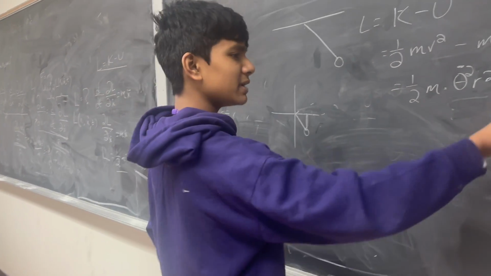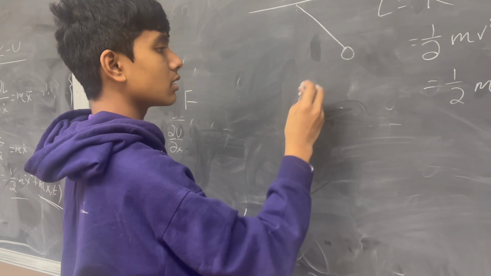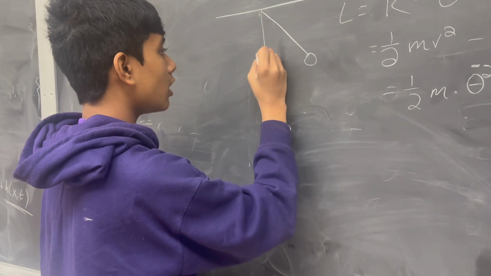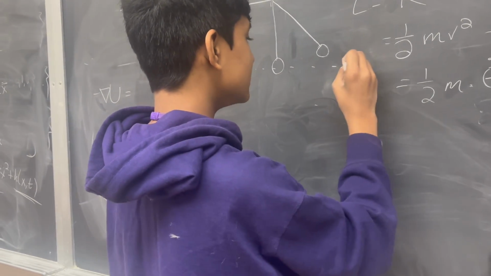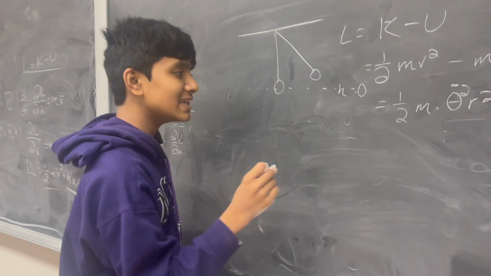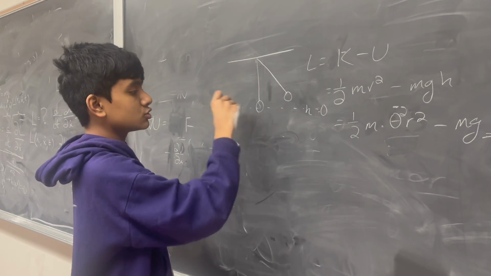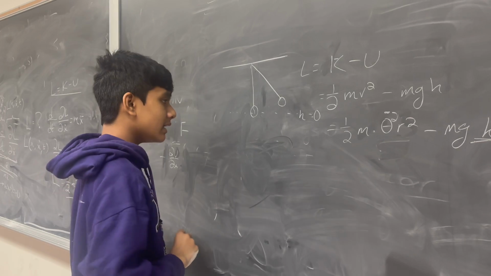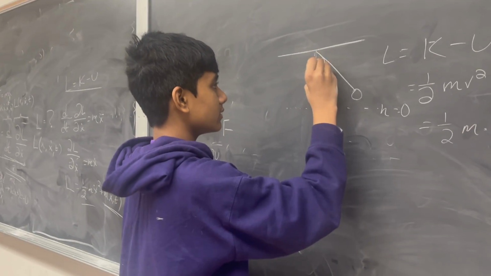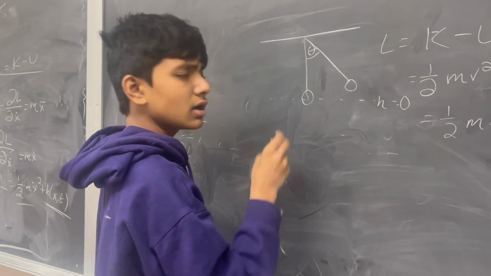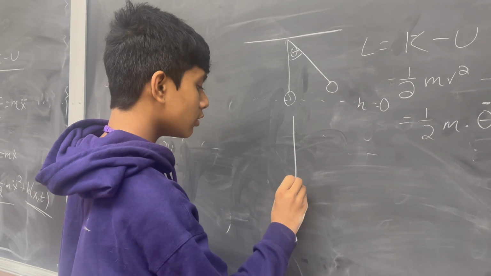So we'll just keep it as h for now. But not for long, because we can define h. Let's set h equals 0 to be the exact midpoint of this guy's swing. So then, if it's right at the midpoint, that means that this is theta right over here, and we can also call it its lowest point.